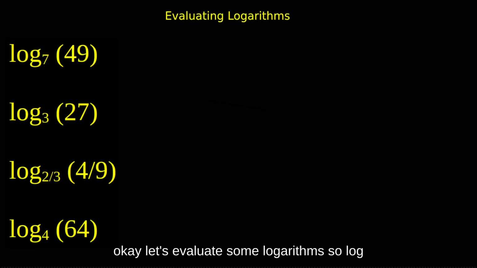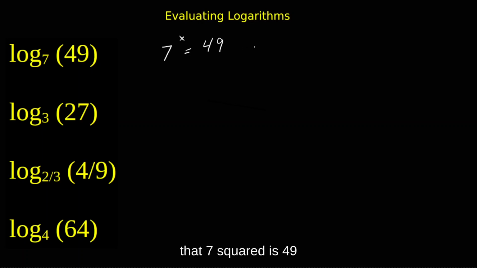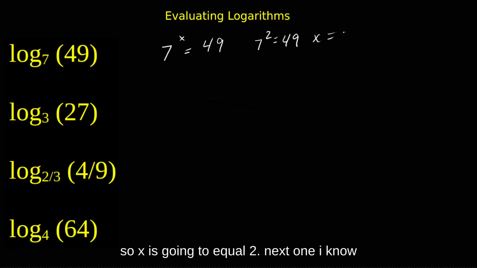Okay, let's evaluate some logarithms. So log base 7 of 49. I know that 7 must be raised to what power to equal 49? Well, I know that 7 squared is 49. So x is going to equal 2.